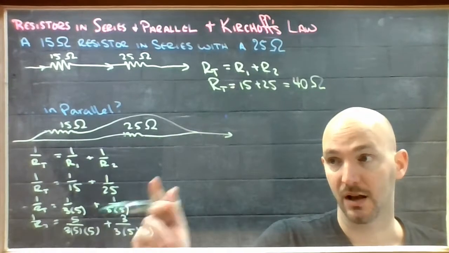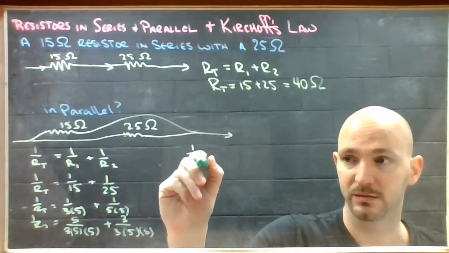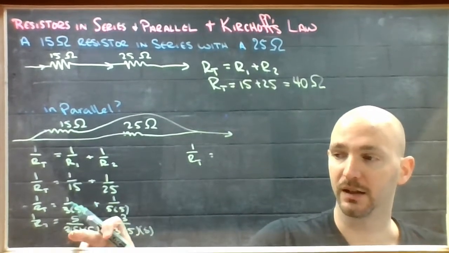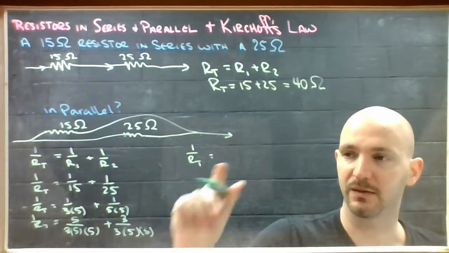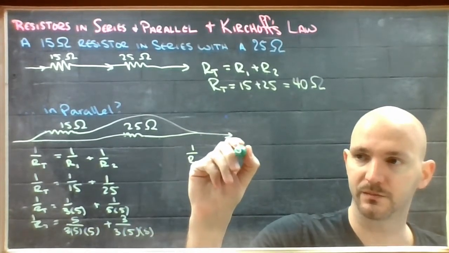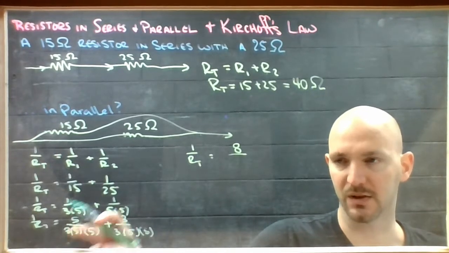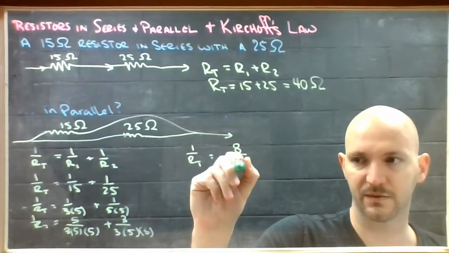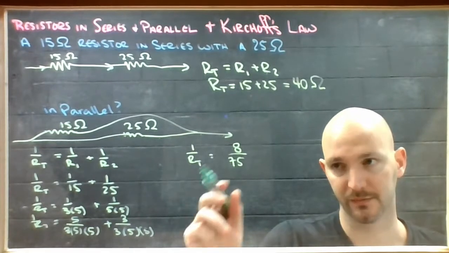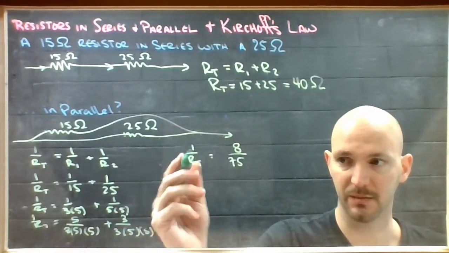Now they have a common denominator, so 5 of these and 3 of these would be 8 of them. And 5 times 5 is 25, times 3 is 75. So my total resistance, oh, I'm not done yet, I have to flip.